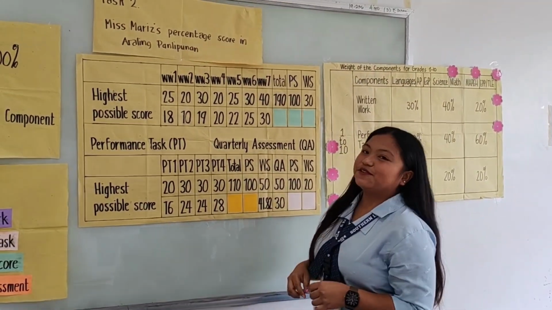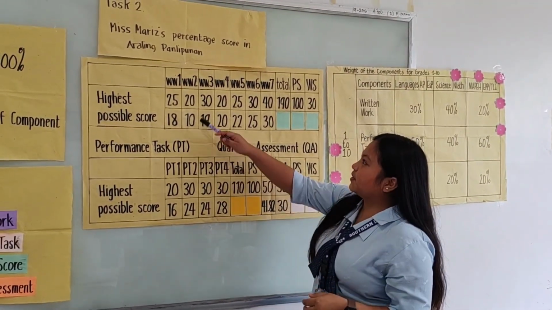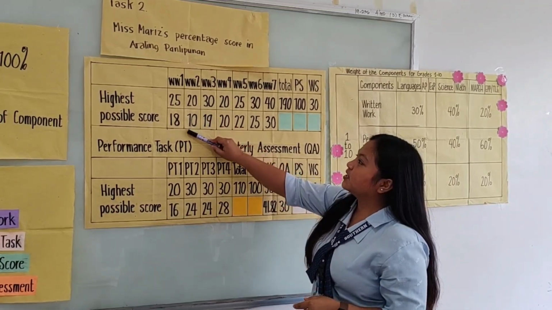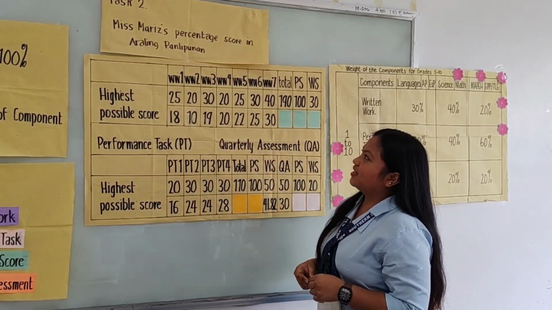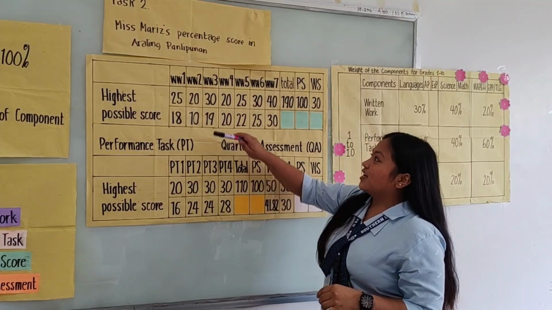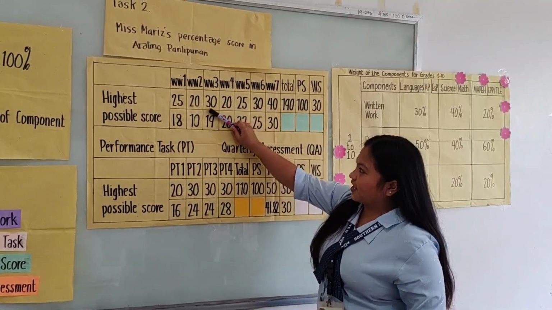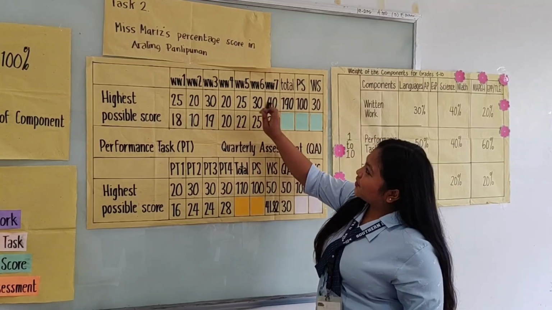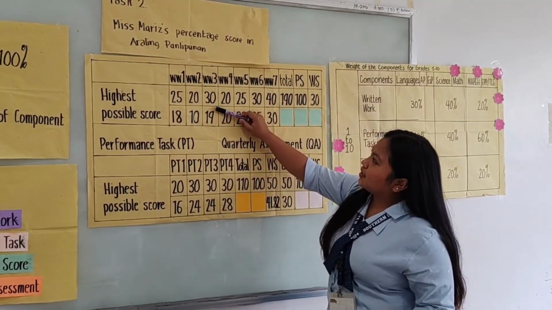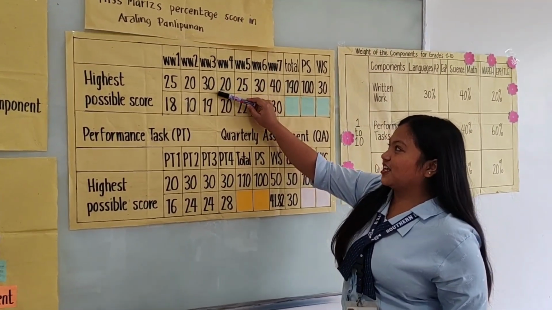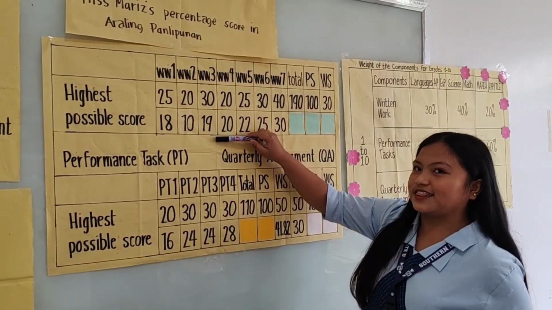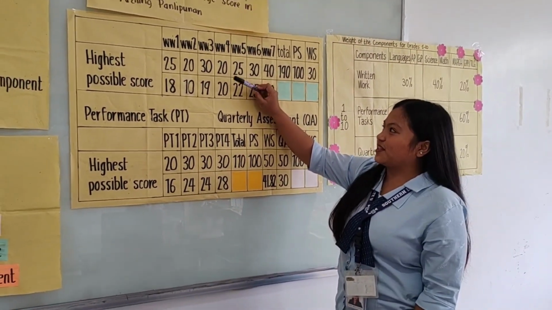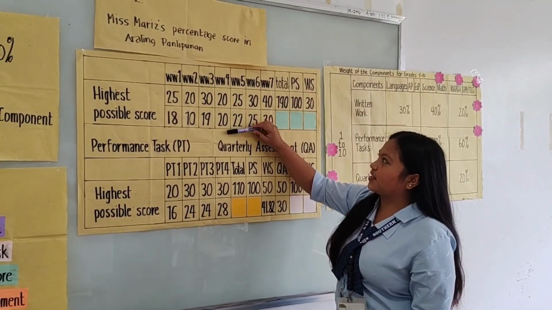There are 7 written works. In written work 1, the highest possible score is 25 and her raw score is 18. In written work 2, the highest possible score is 20, and her score is 10. In written work 3, the highest possible score is 30 and the score of Maurice is 19. In written work 4, the highest possible score is 20 and the score of Maurice is 20.